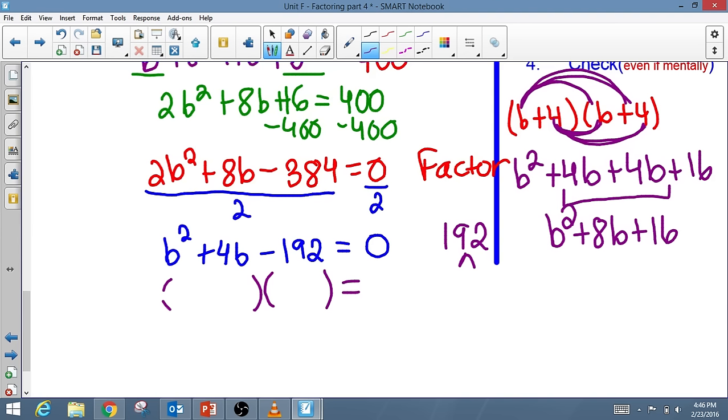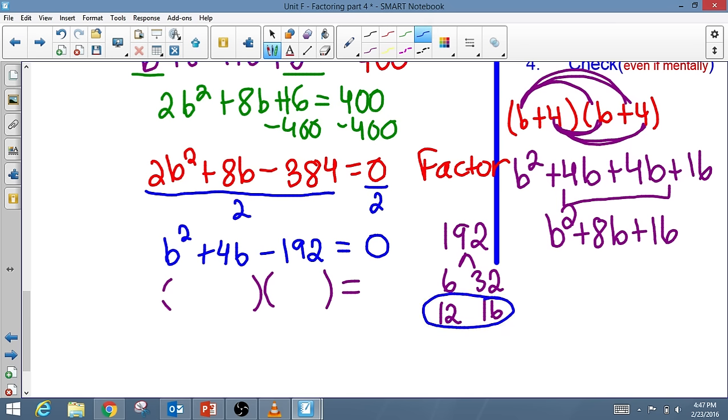When I go down the list, we have 1 and 192. We know that's not going to be close enough. So I tried 6. That would be 6 times 32. The difference is not 4. So I doubled 6 and tried 12. I got 12 times 16. The difference between those is 4, so that's my pair.